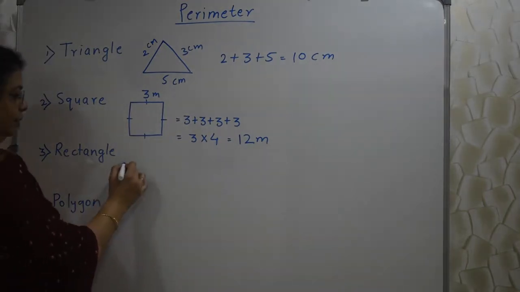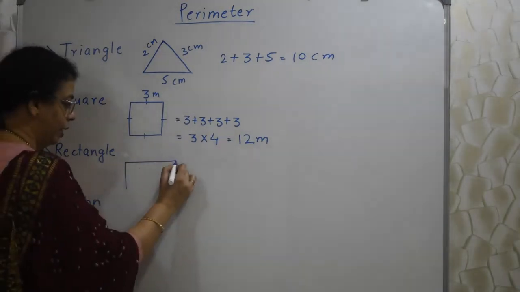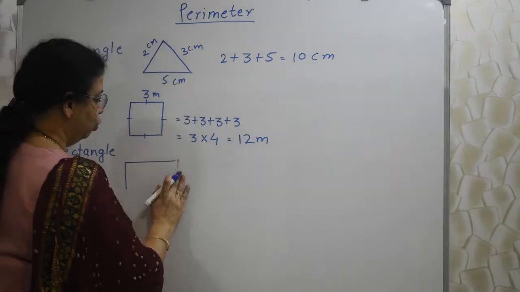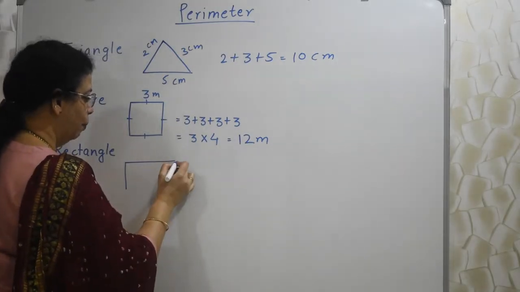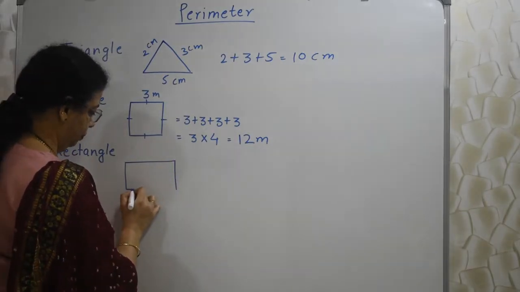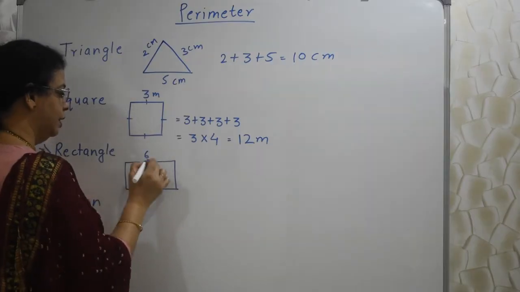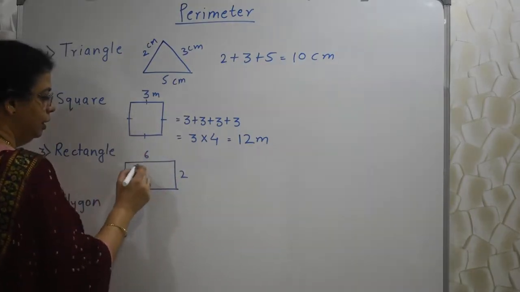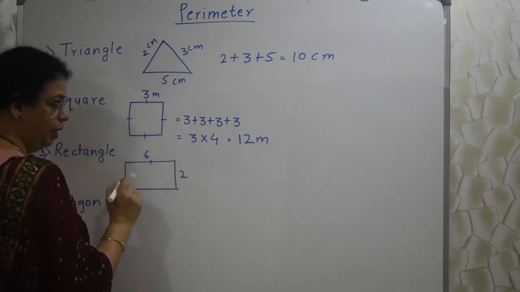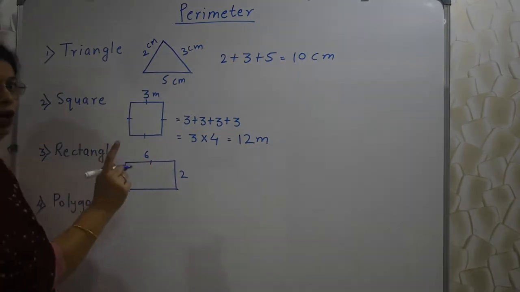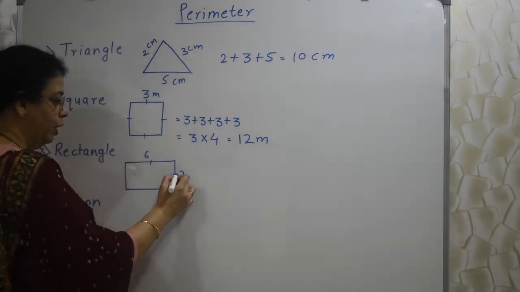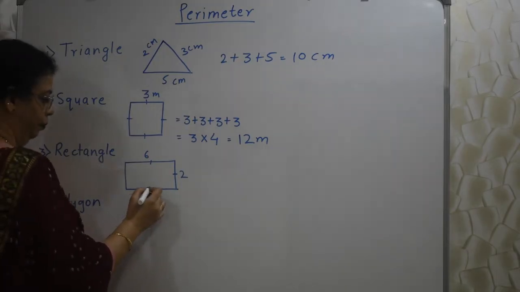Now, rectangle. I am drawing a small rectangle. Rectangles have two opposite sides equal. So, if this is 6 and this is 2, this is called length. The bigger side is always called length and the smaller one is called breadth.